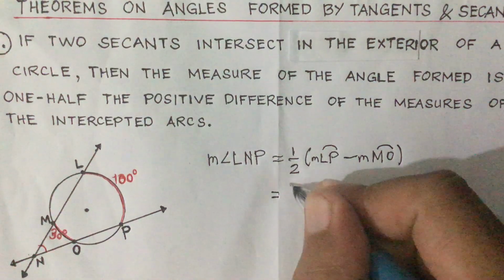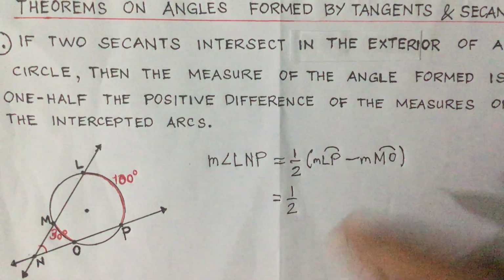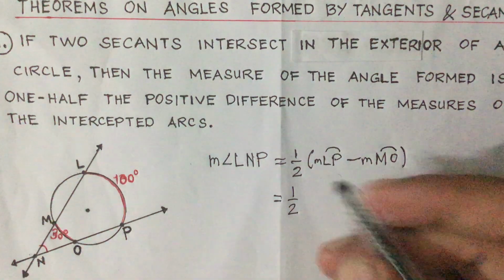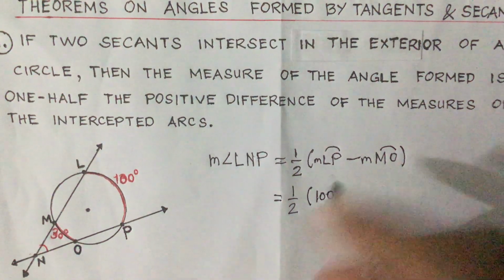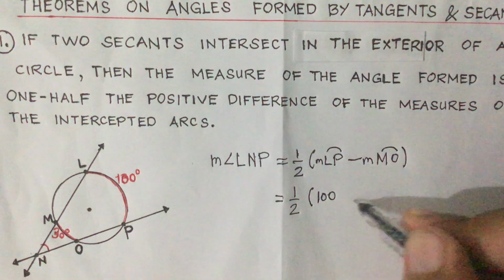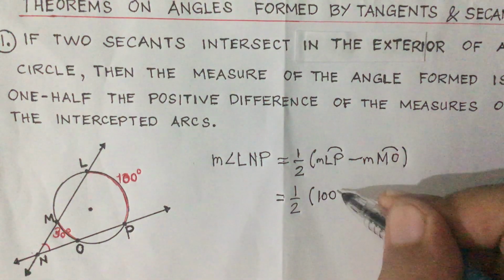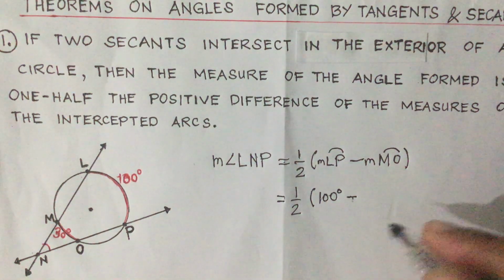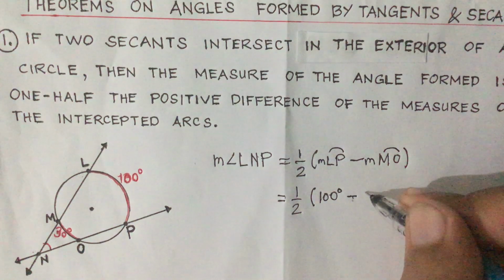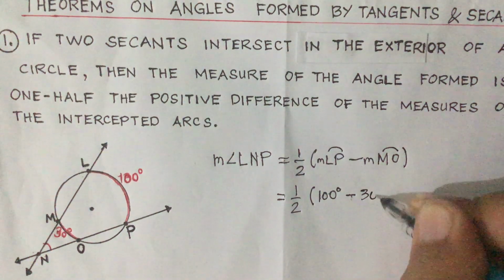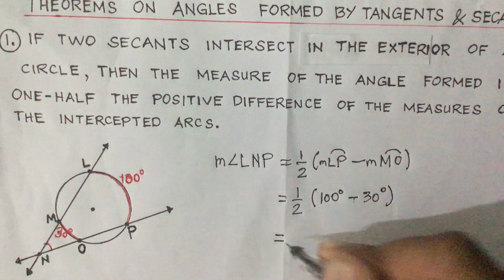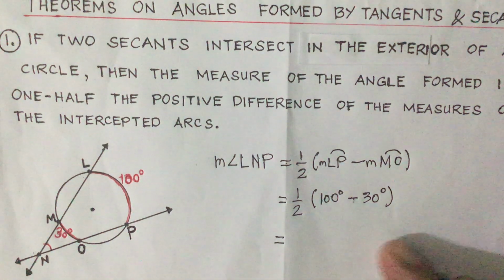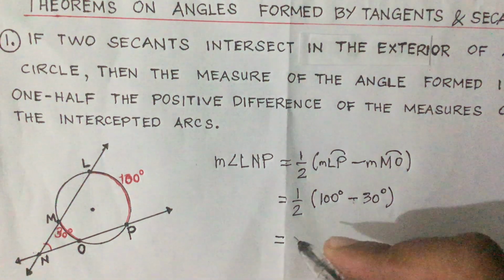So, that is 1/2 of the measure of the bigger arc which is 100. So, arc LP, we have 100, this one, minus the measure of arc MO, the smaller arc, that is 30 degrees. So, 1/2 of 100 minus 30. What is 100 minus 30? The answer is 70.